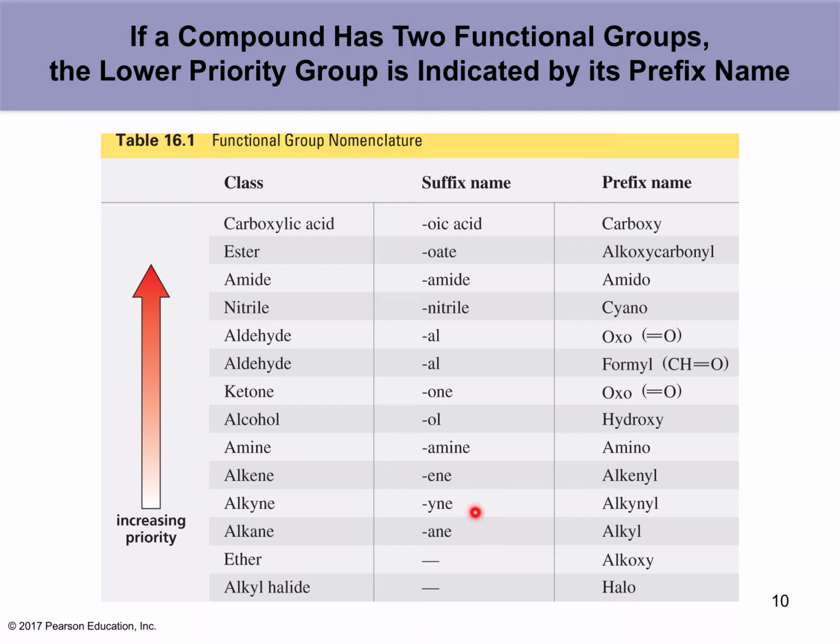Alkyne ends in yne, substituent alkynyl. Alkane, ane, for example propane, but if it is a substituent, then it would be propyl, alkyl. Ether, there is no suffix name for ether, but the prefix would be alkoxy. And for alkyl halides, no suffix name is given, but the prefix name would be halo.